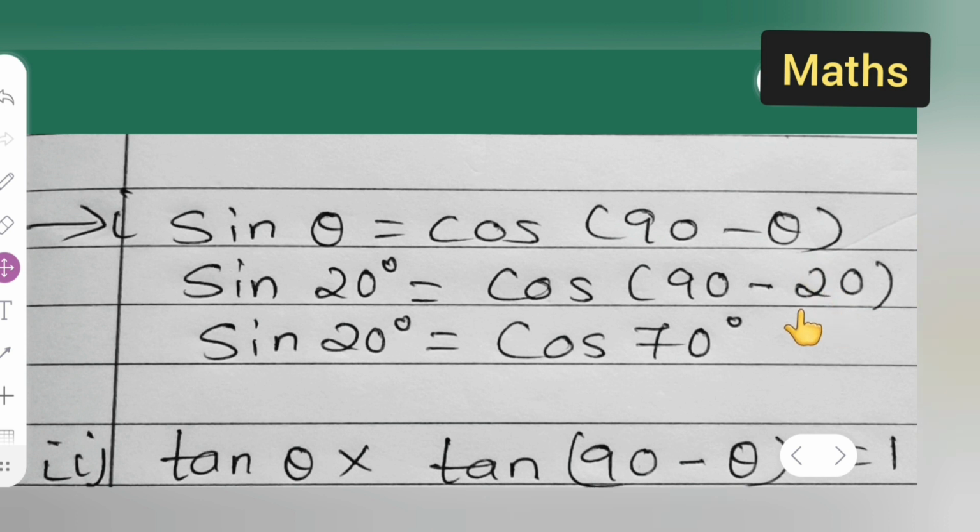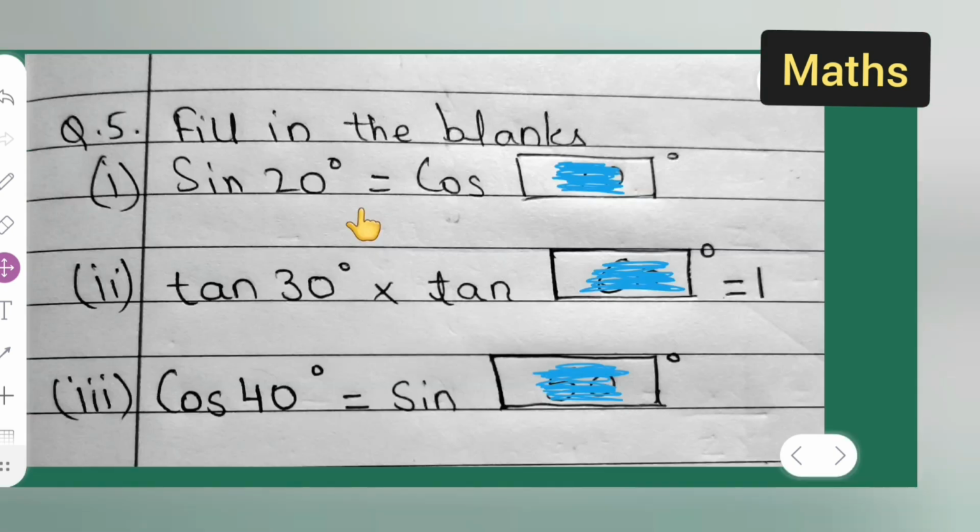In place of theta 20 is given, so plug 20 over here. Sin 20 degree is equal to cos of 90 minus 20, which is 70. So cos of 70 degree. Plug 70 degree over here.